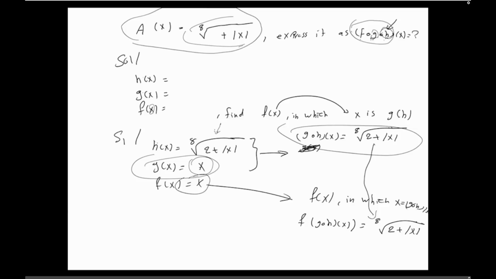Now we're going to go to the second solution. In this case, we also start with h of x, because it's the smallest one, and then we have g of x, and then we have f of x.